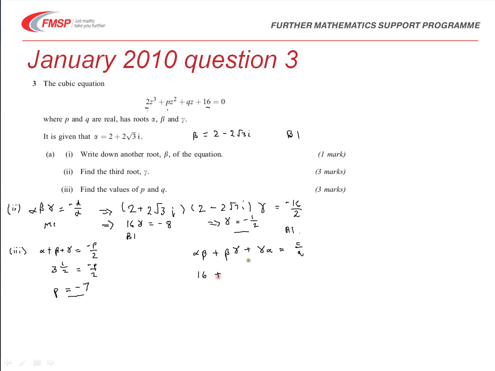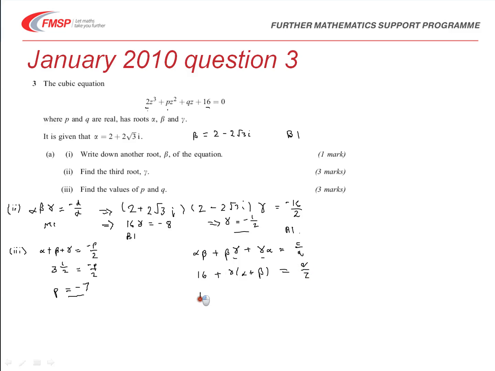Then we've got gamma times beta. Gamma is negative 1/2 and beta is 2 minus 2 root 3i. But if we think about this, we've got gamma as a factor in both, so this is just gamma times alpha plus beta. I've written that because alpha plus beta was nice and easy, and c over a is going to be q over 2.